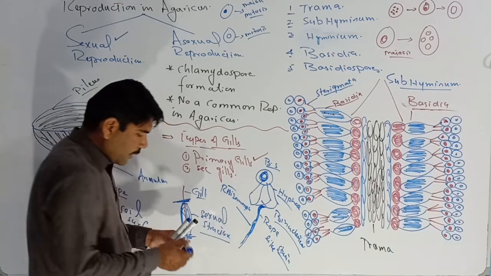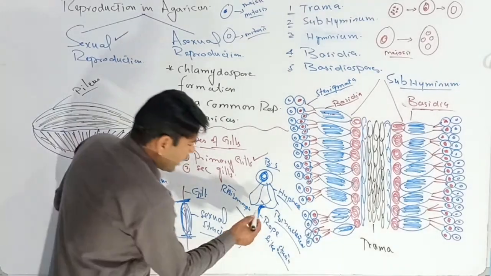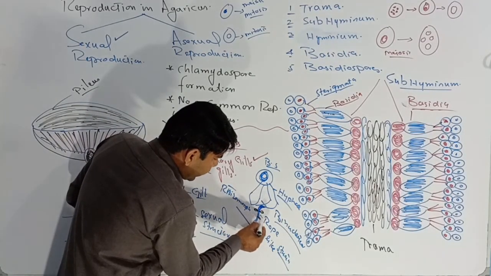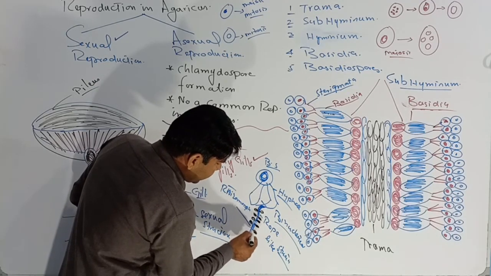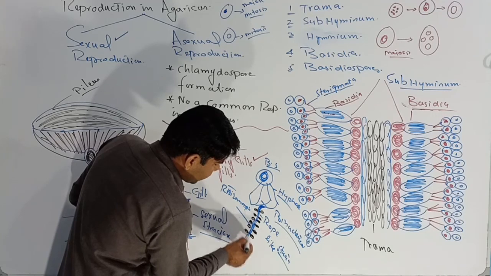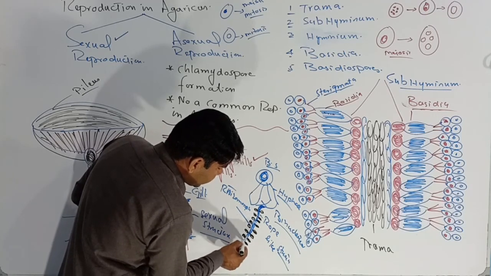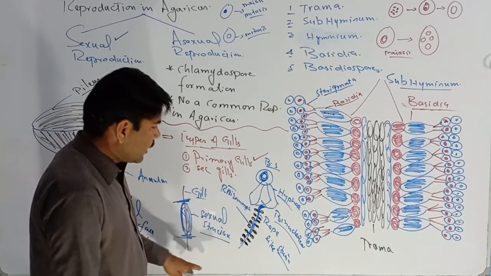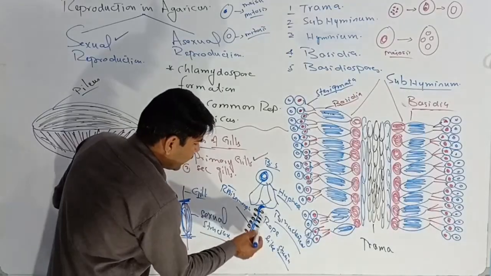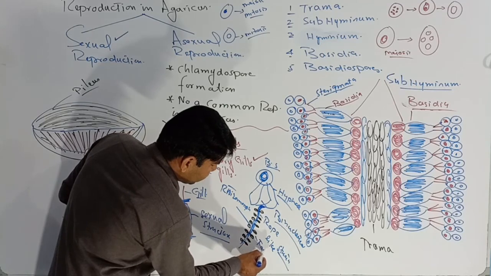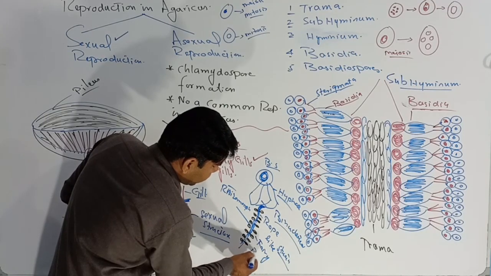This rhizomorph maintains a ring-like structure on each side, and these ring-like structures are made around each side. Due to this structure, this whole portion is known as a fairy ring. This whole structure is known as a fairy ring.